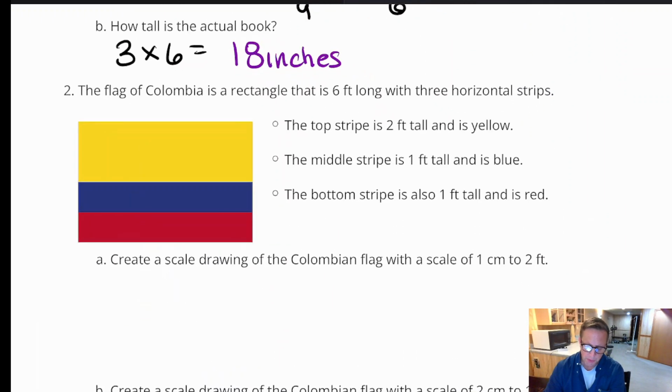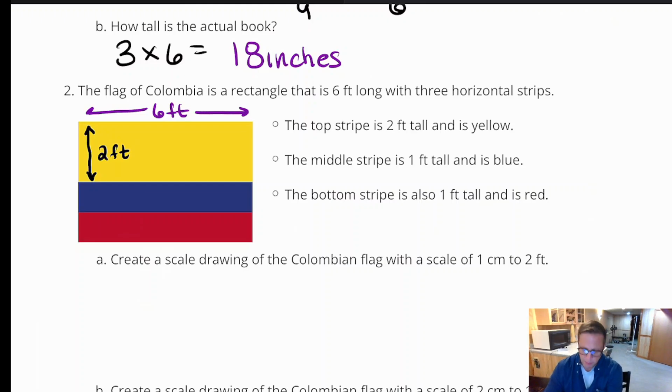For number 2, the flag of Colombia is a rectangle that is 6 feet long with 3 horizontal stripes. So this is 6 feet right here, that's the real life measure. All right, the top stripe is 2 feet tall, that yellow stripe at the top.